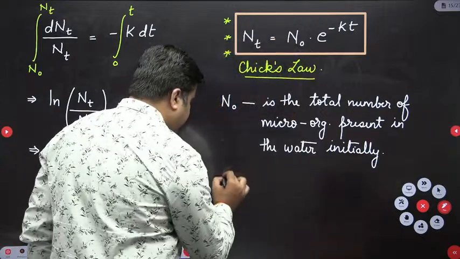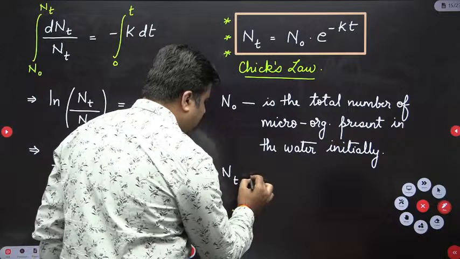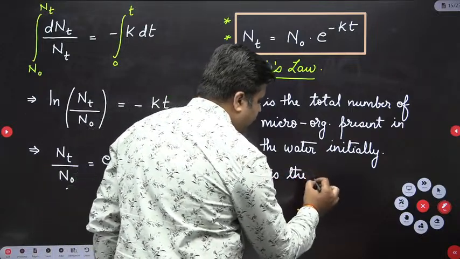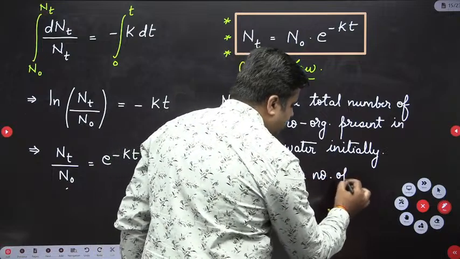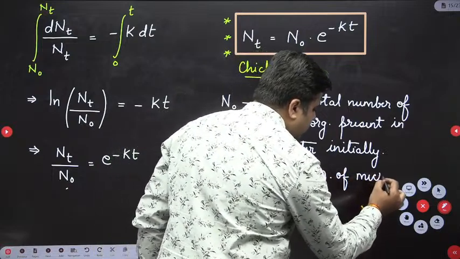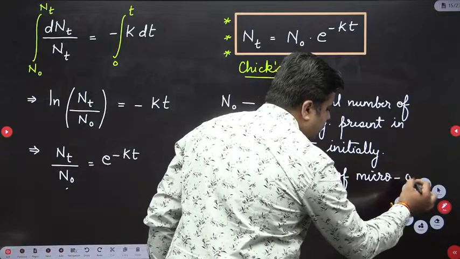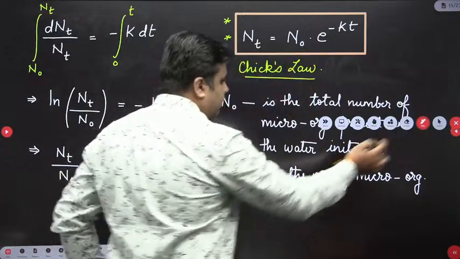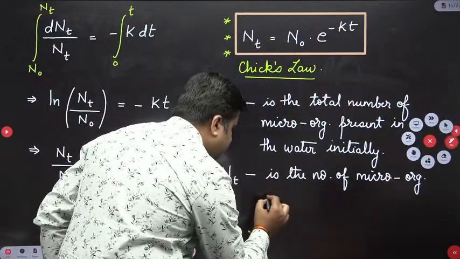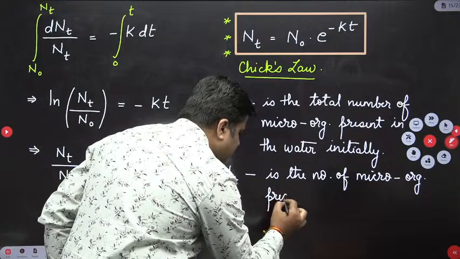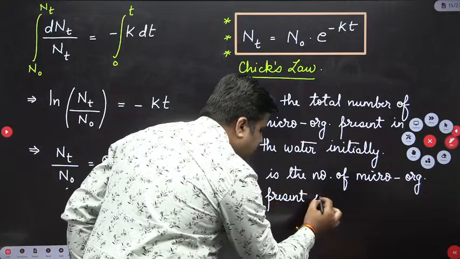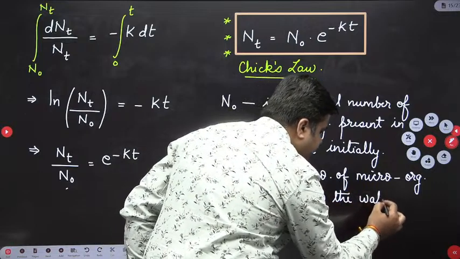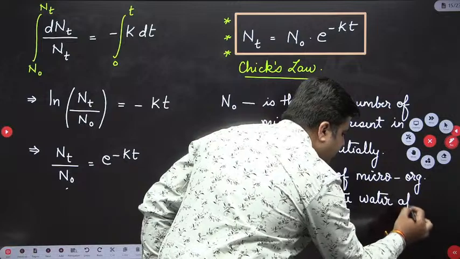Nt is the number of microorganisms present in the water after time t.